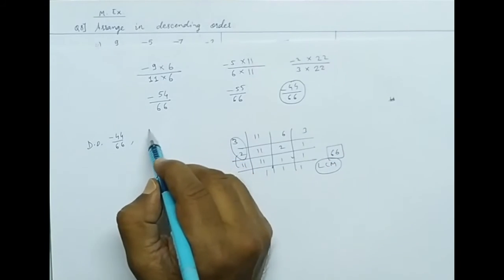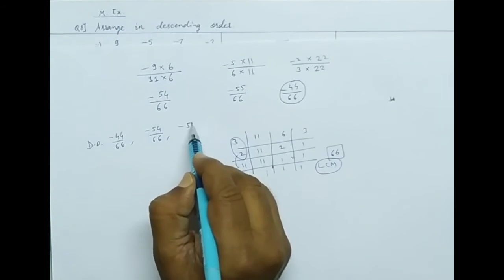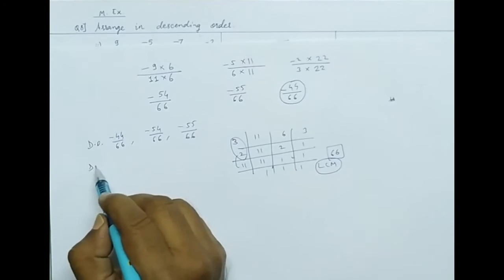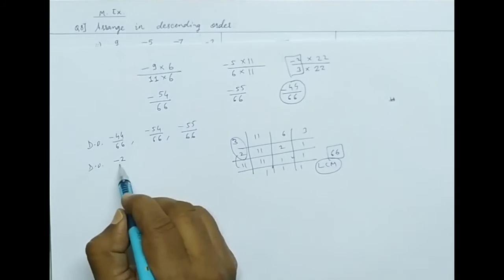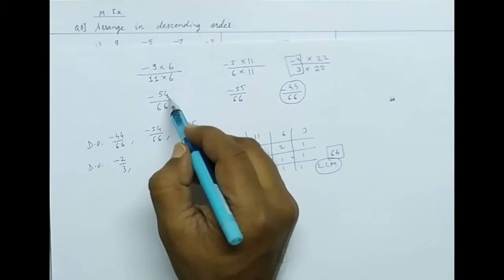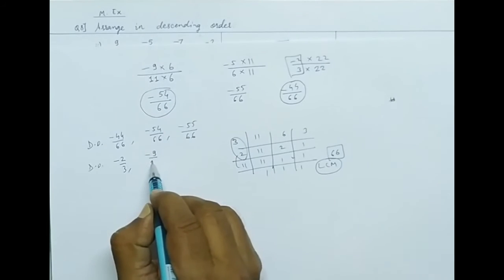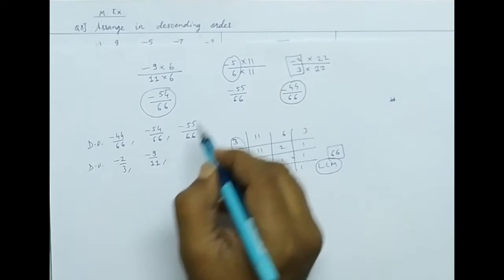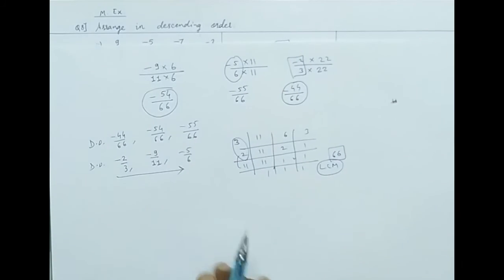Then comes minus 54 upon 66. Then comes minus 55 upon 66. Now minus 44 upon 66 means originally minus 2 upon 3, and minus 54 upon 66 means minus 9 upon 11, and minus 55 upon 66 means minus 5 upon 6. So this is the descending order of the three numbers.